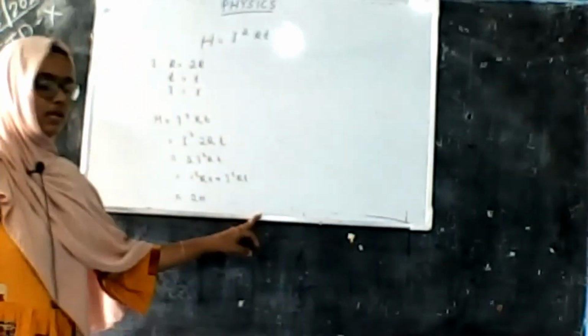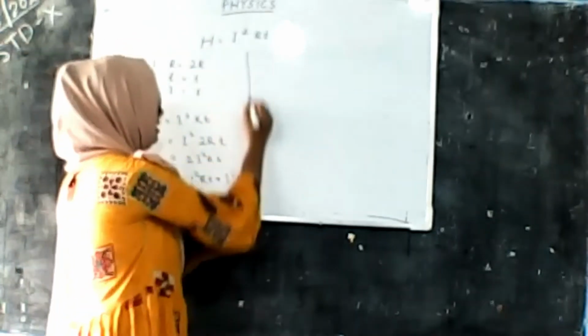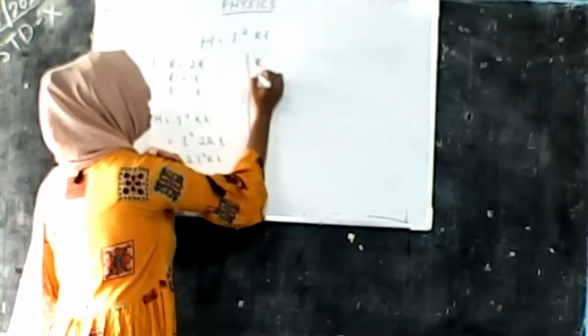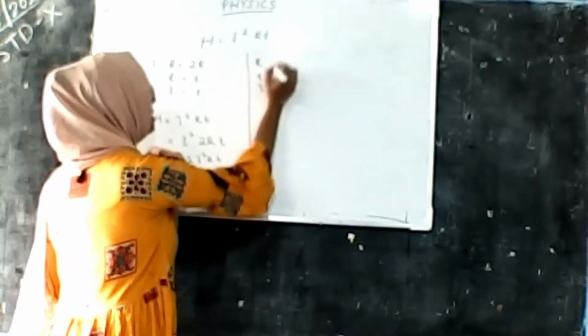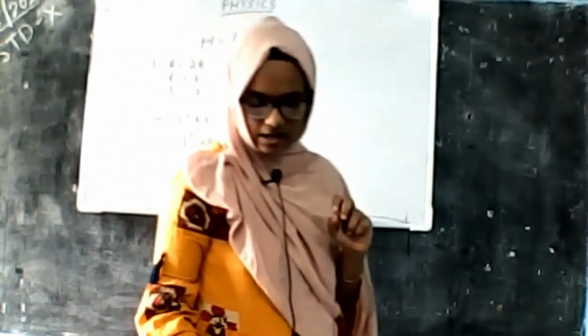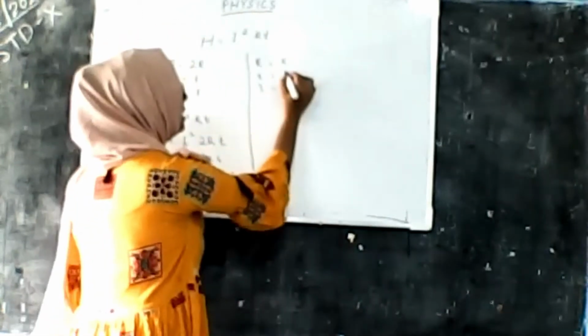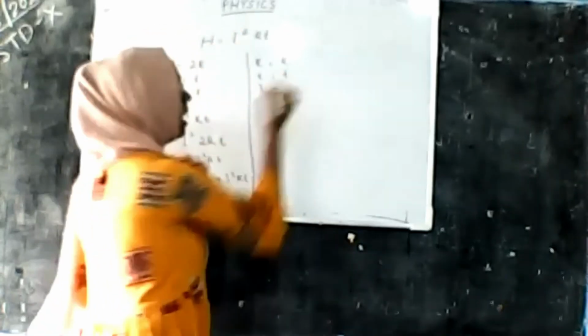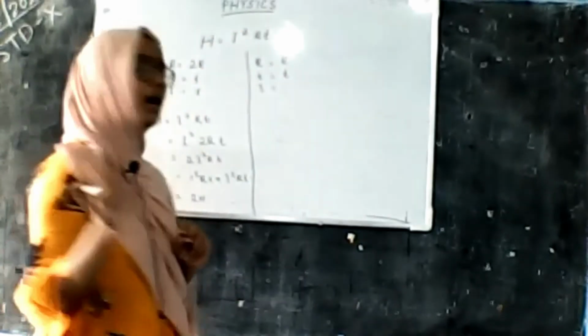And we have the next problem, with values R, T and I. Here R is equal to R, T is equal to T, and I is equal to 2I.